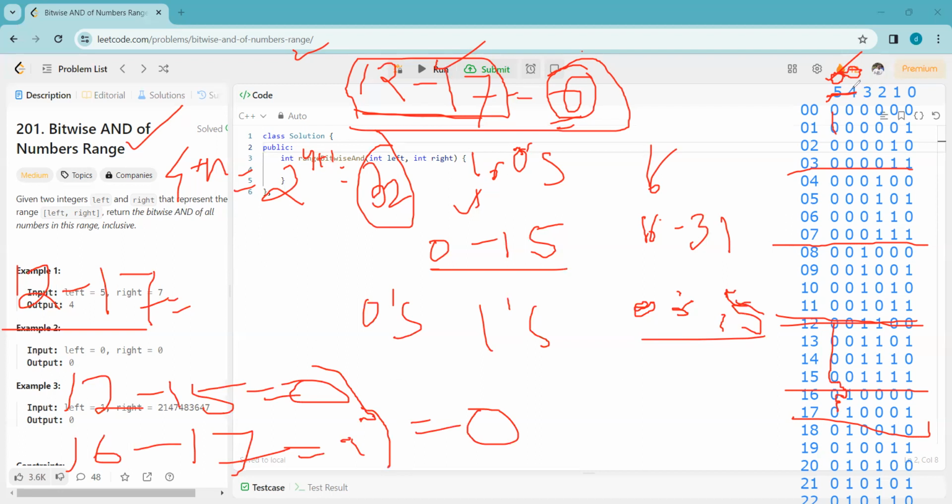Now after completing the operation for the fourth bit, we will remove the fourth bit from this number. So after removing the fourth bit from the range 12 to 17, we will get 12 to 1. So the number is 12 to 1.